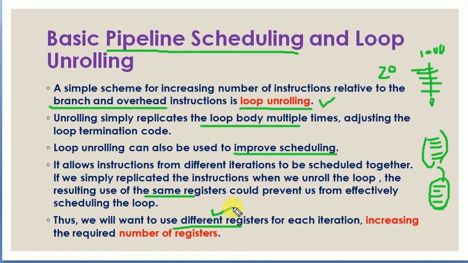That is an additional requirement, so we are adding some enhancement to the architecture by adding more registers. We require more registers, but we are trying to improve the parallelism. Parallelism can be improved, but there is a drawback of using more registers. But we are trying to improve the pipeline.